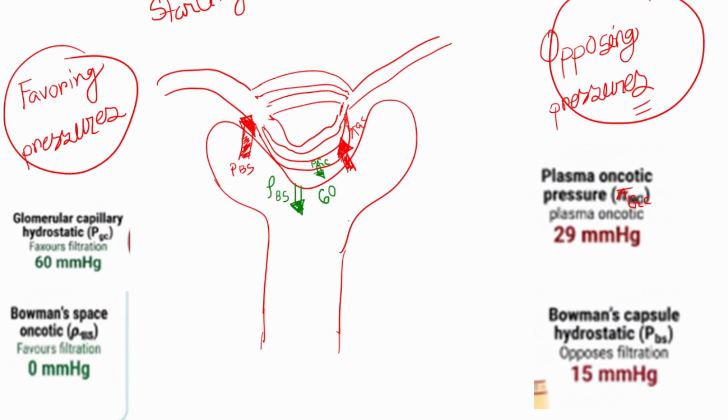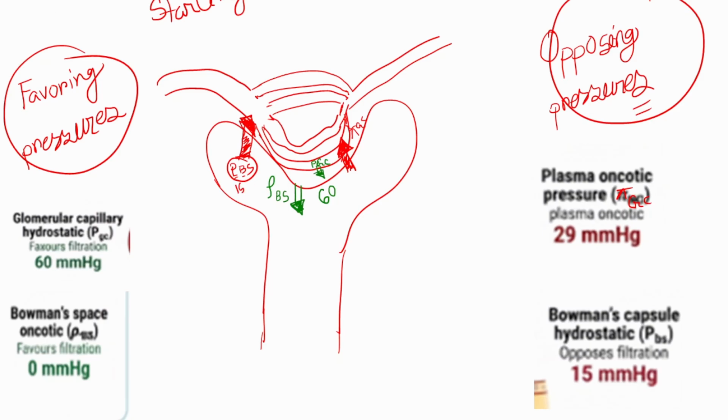Opposing this forward movement, we position the Bowman capsule or Bowman space hydrostatic pressure, written as P subscript BS, which exerts a backward fluid pressure of 15 millimeters of mercury.